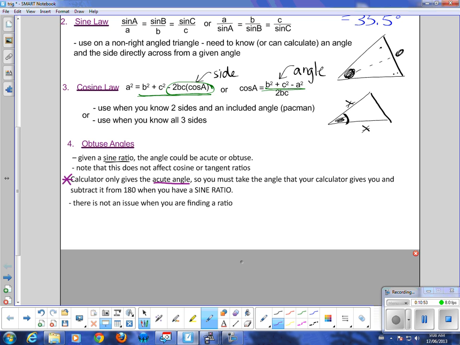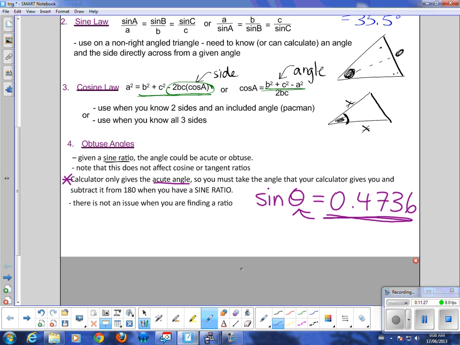So if we do a really quick example of what the problem is, the problem only happens if I'm finding an angle. And so say for instance, I have sine theta equals 0.4736. Because sine is a positive ratio, whether I'm acute or obtuse, I don't know if this theta here is going to be acute or obtuse unless they tell me that piece of information.